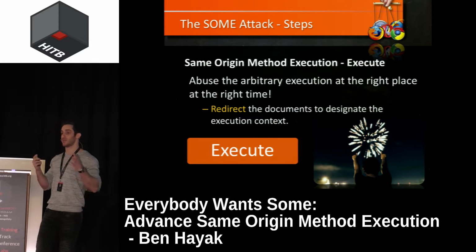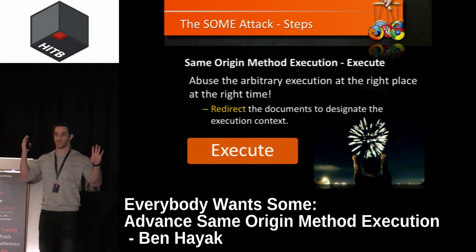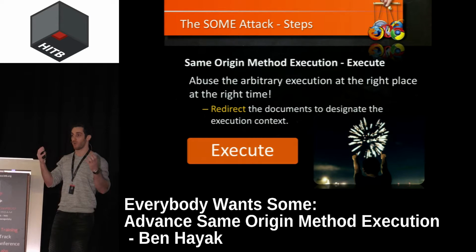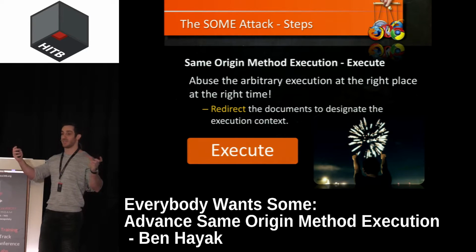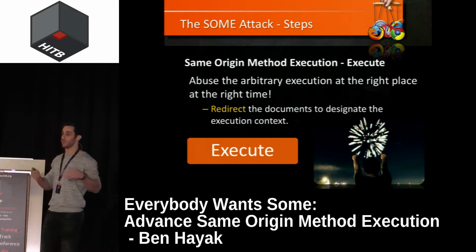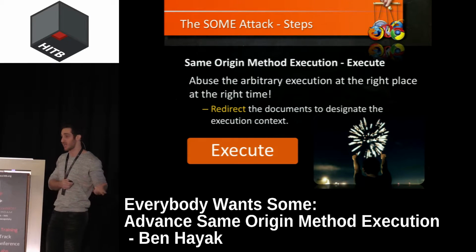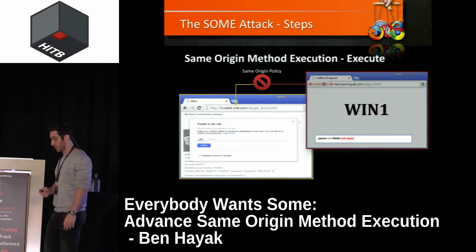But we redirect the pages in the right place at the right time in the right order, and we cause the website on the same origin to execute the JavaScript function on the victim's behalf, and make him add us as an admin, or in this e-commerce website example, cancel the order on behalf of him, because he has the permissions to do it and we don't.